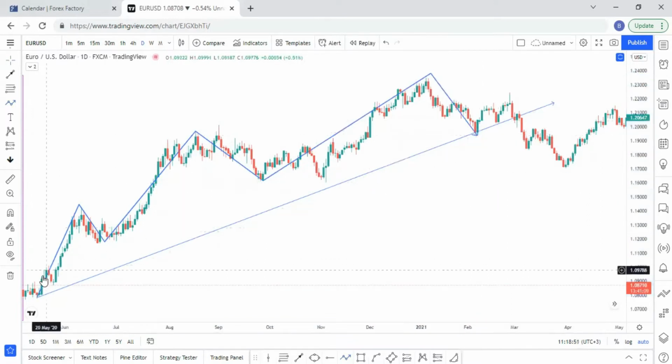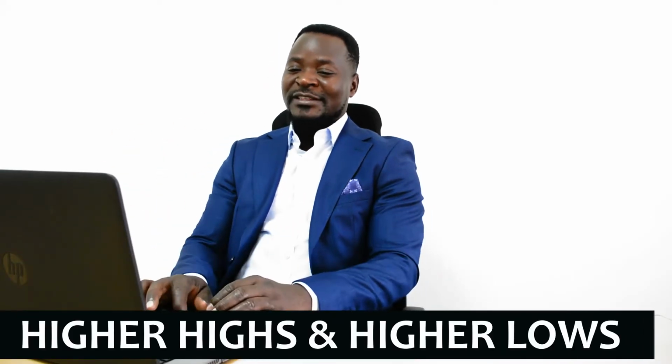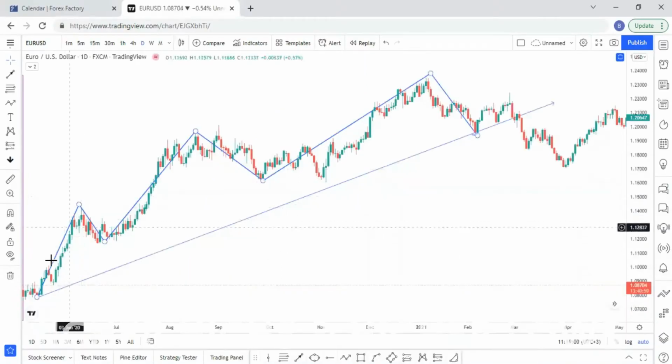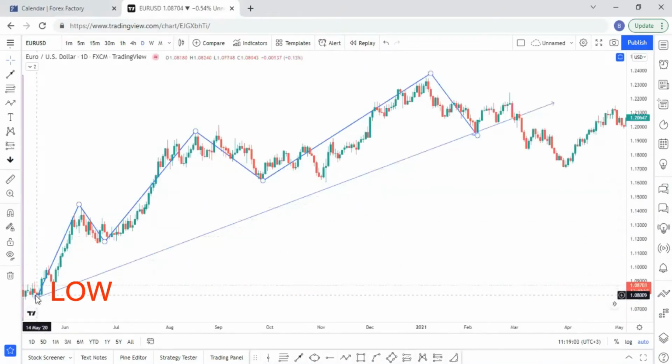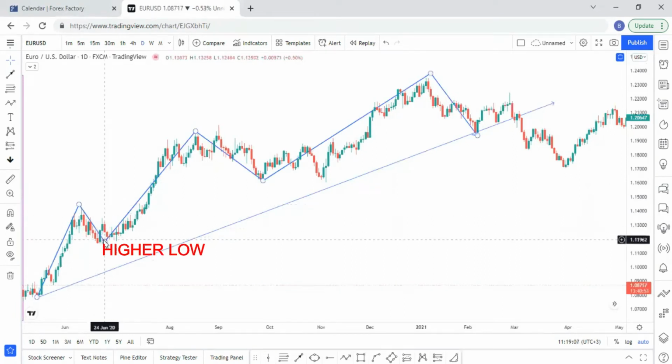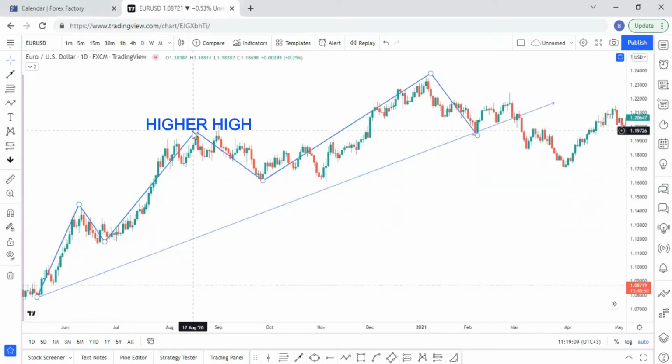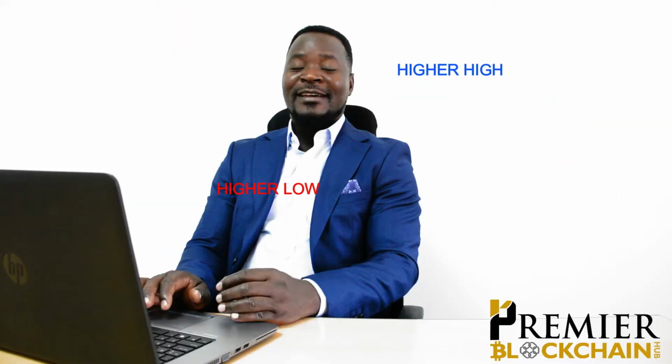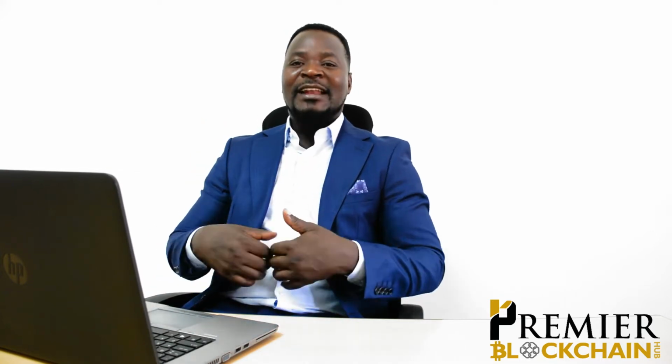Technically, we call them higher highs and higher lows. So this will be your higher high. When you begin from here, this is a low, then this is a high, this is a higher low, this is a higher high, higher low, higher high, going up and up like that.